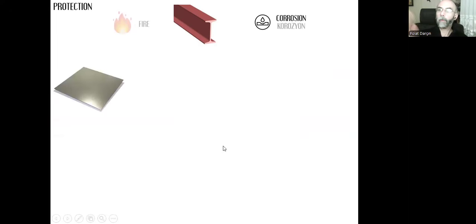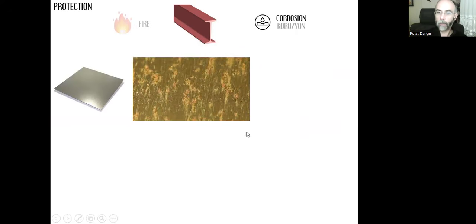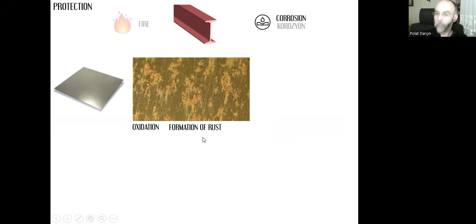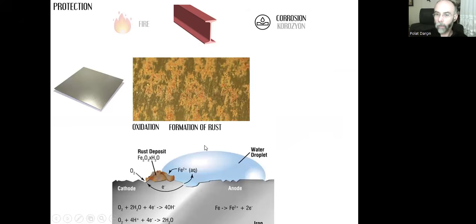For protection against corrosion, that's the rust. Because of the oxidation reaction, rust is being formed. Pas in Turkish, paslanıyor. Sonra da bu paslanma nedeniyle korozyon, yani aşınma, kimyasal aşınma gerçekleşiyor.